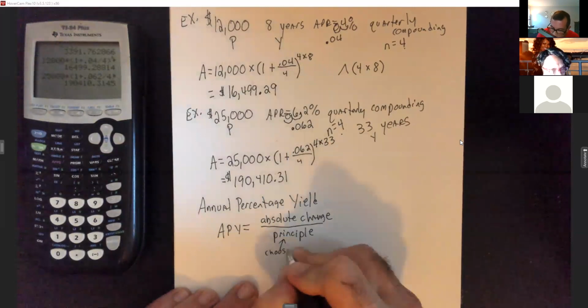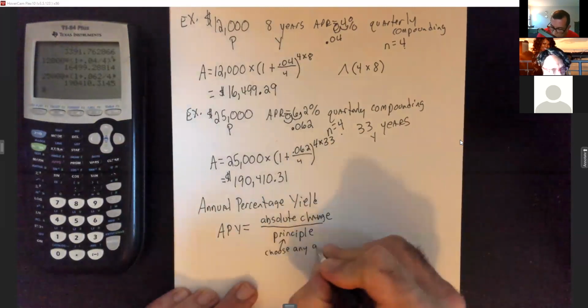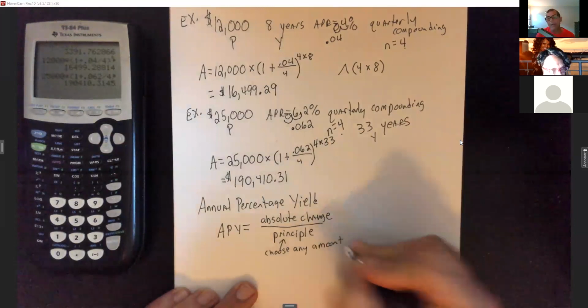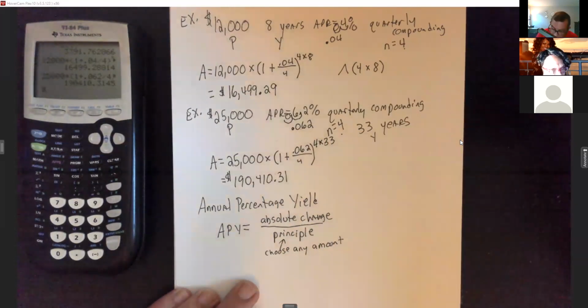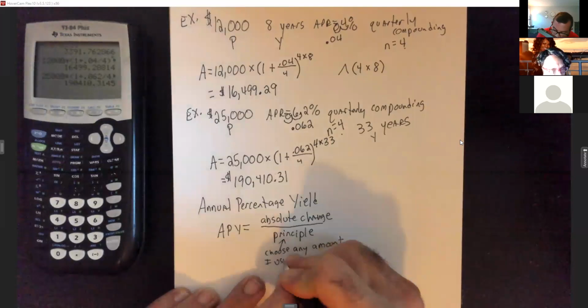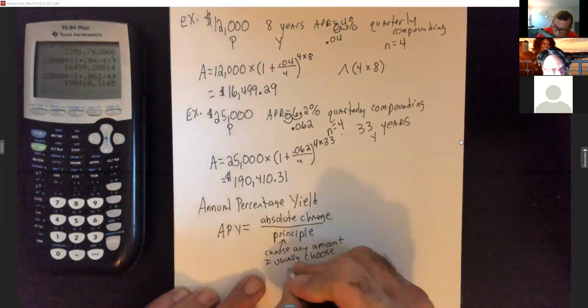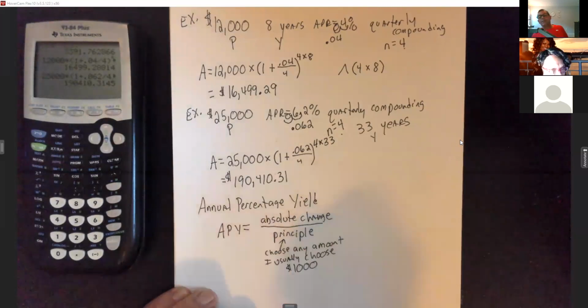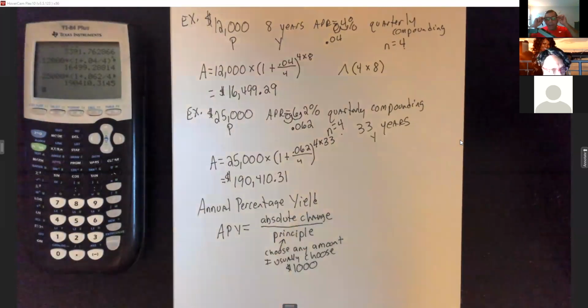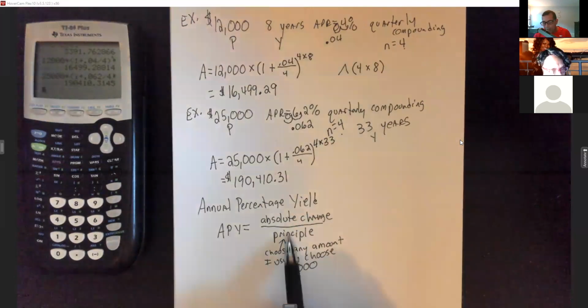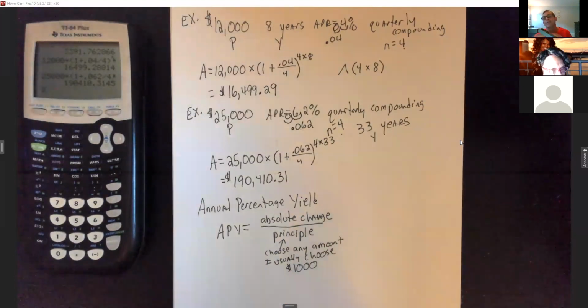So I'm going to choose any amount I want. Now I'll tell you the amount I usually choose. So I usually choose $1,000 because that's easy to work with, and I can use that every time on this formula. Okay, so in my formula, my principal will always be 1,000 because we just want to see what happens to the interest rate. That's all we're worried about.